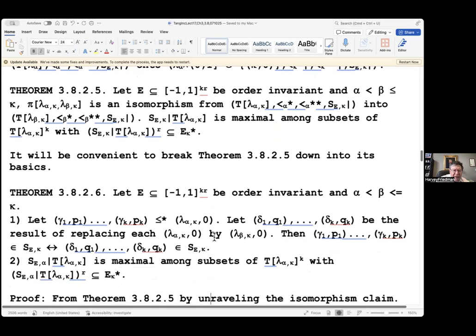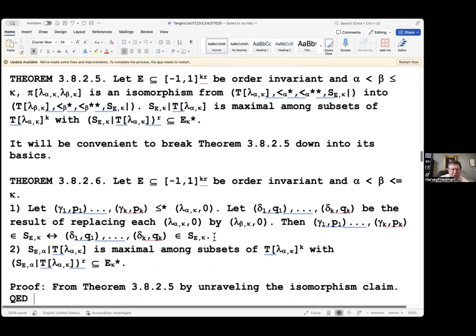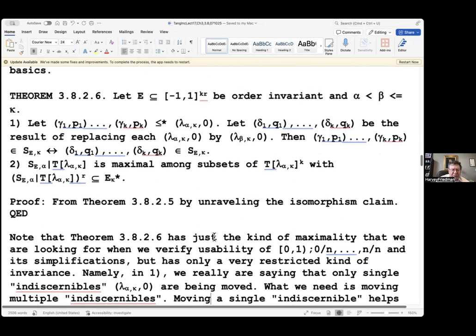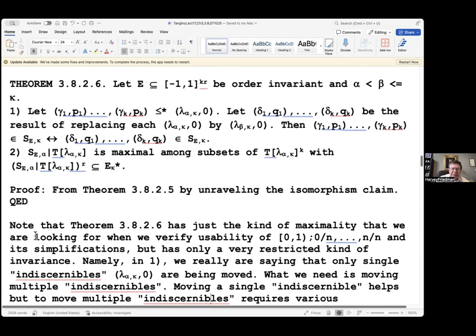Now, in order to apply this, we cut this back down to the basics. So we just unravel things. So we have an order invariant set E, and we have these two ordinals, alpha and beta. Then if I have points in the space less than or equal to lambda alpha kappa, but kappa is needed because of the construction dependent upon kappa, if you remember.